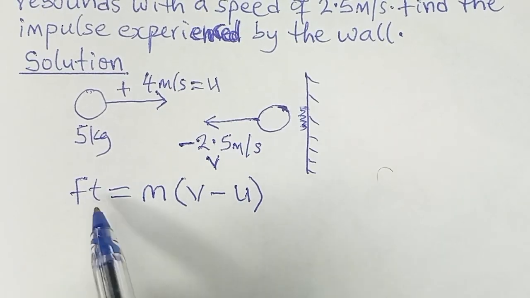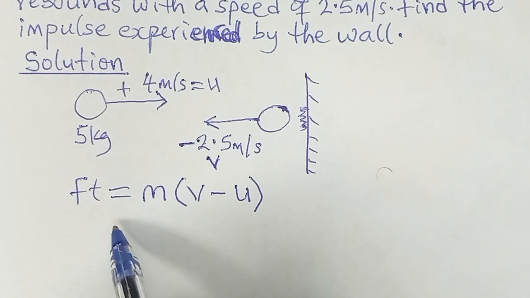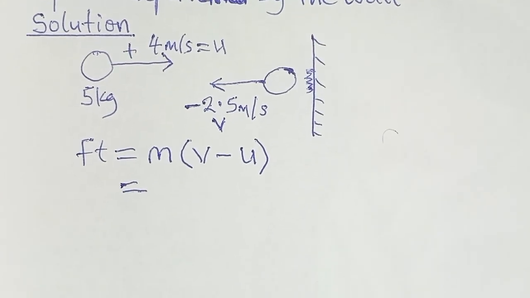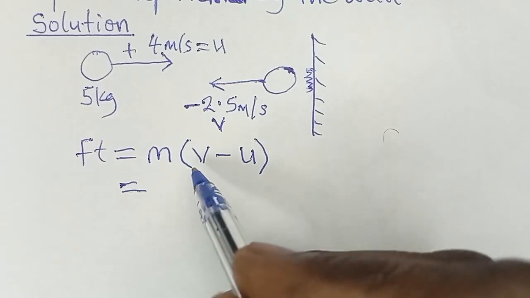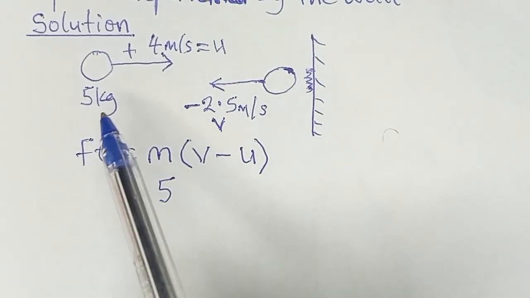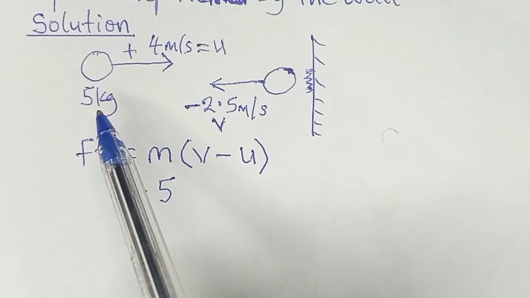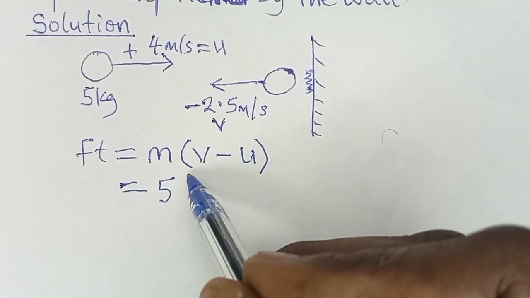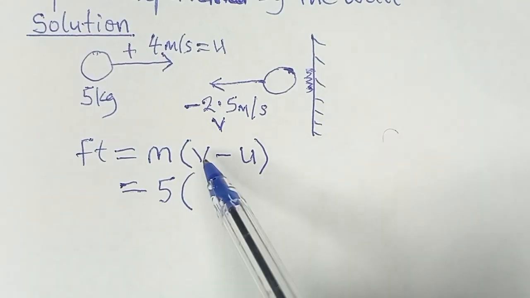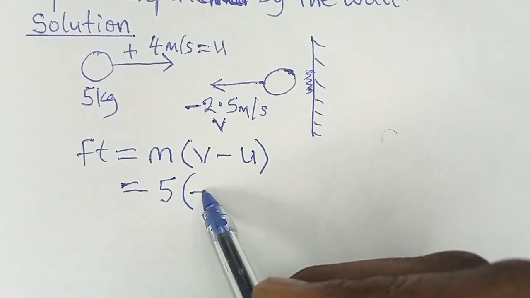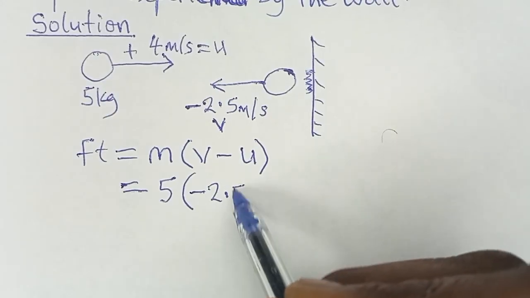Don't forget, Ft means impulse, that is force times time, and that will be equal to, substituting values now, the mass is 5 kilograms. That is the mass of the ball. So I'm going to write 5, open brackets. The final velocity is negative 2.5, so minus 2.5.